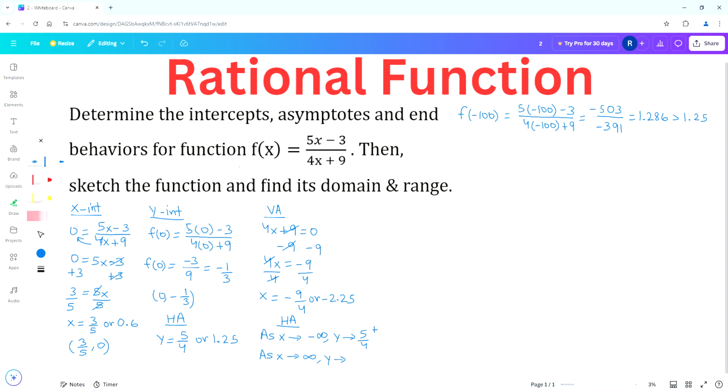Now we can do the test on the right side. We should use a big positive number. We can sub in x as 100. In the numerator, 5 times 100 is 500. 500 minus 3 is 497.